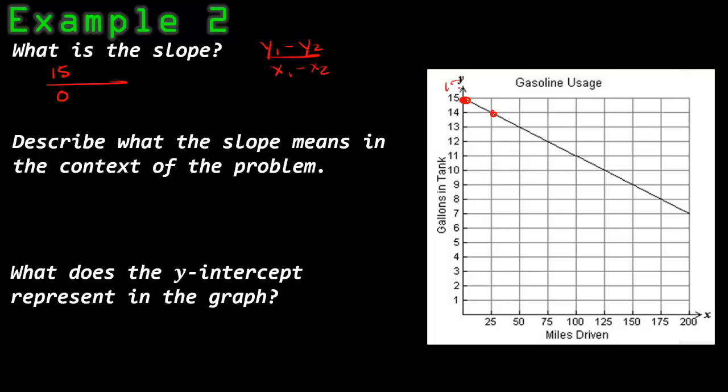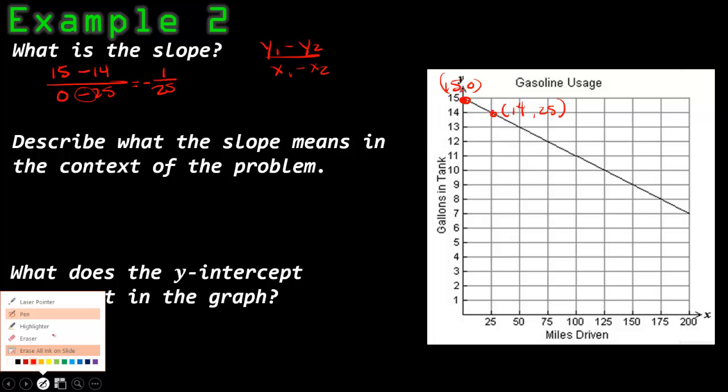And this one is at 14, and if I go down, 25. All right. So 15 minus 14, 0 minus 25 gives you 1 over 25, and that's negative because of this negative here. So the slope will be negative 1 over 25.